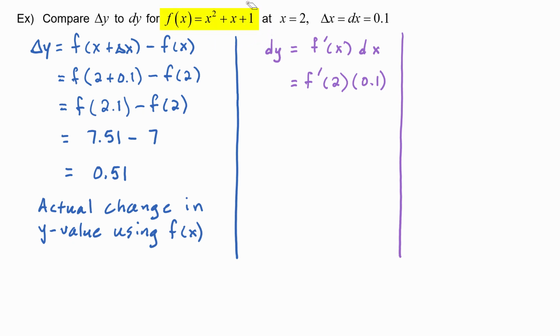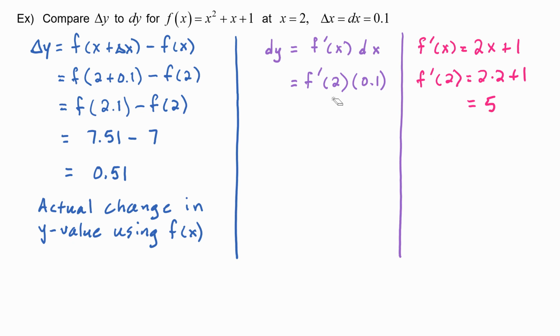Remember, f(x) is x squared plus x plus 1, so then f prime of x is going to be 2x plus 1, and then f prime of 2, which is the value that we need, is going to be 2 times 2 plus 1, which is equal to 5.